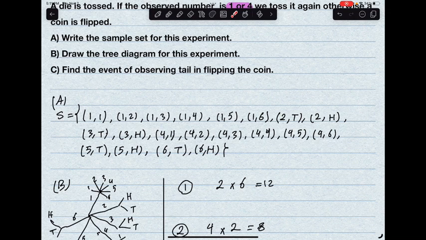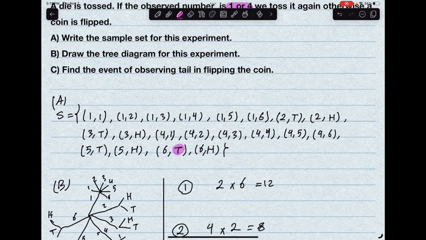Part C of this question is find the event of observing tail in the flipping the coin. So we can just take a look at the sample set and just pick the elements in this event. What we need is tail in flipping coin.